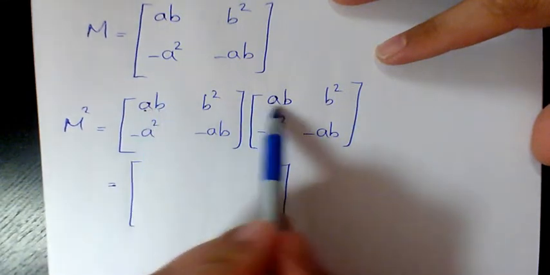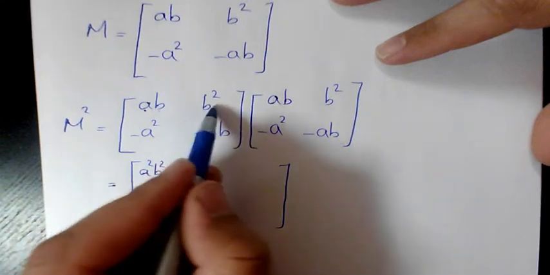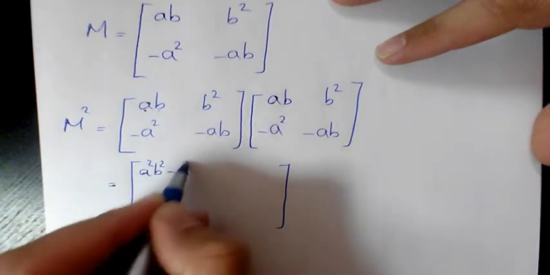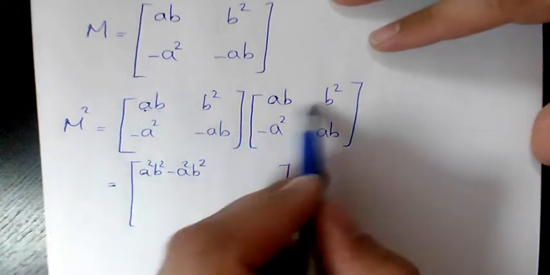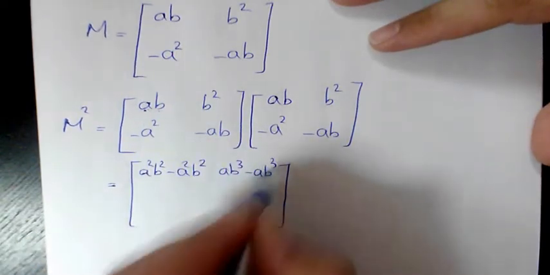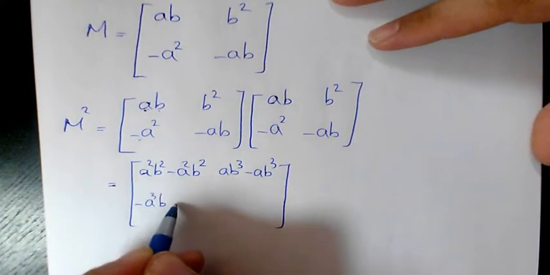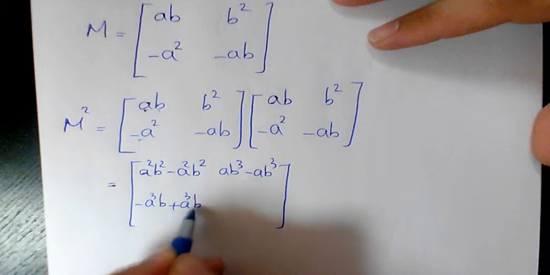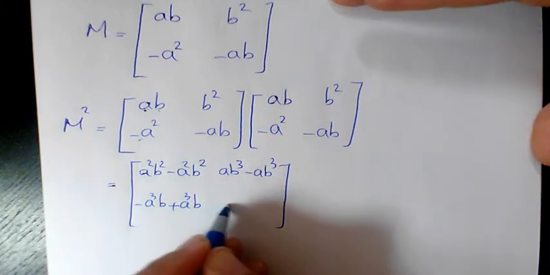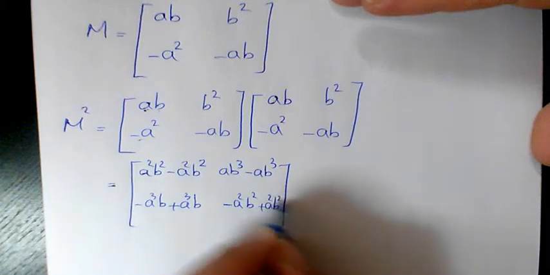So AB times AB is going to be A squared B squared minus A squared B squared, AB cubed minus AB cubed, negative A cubed B plus A cubed B, and negative A squared B squared plus A squared B squared.